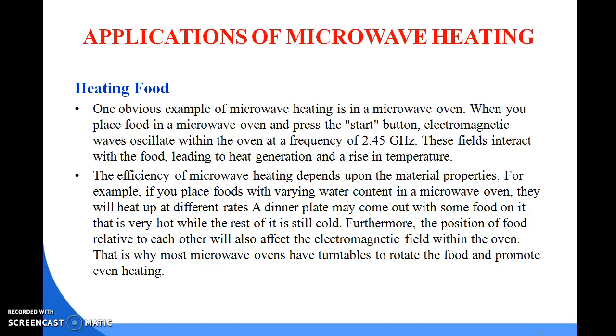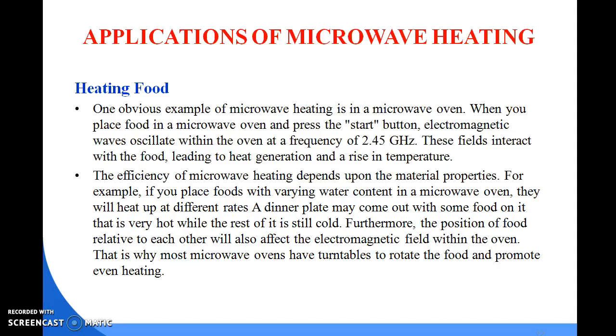The efficiency of microwave heating depends upon the material properties. For example, if you place food with varying water content in a microwave oven, it will heat at different rates. A dinner plate may come out with some food on it that is very hot, while the rest is still cold.